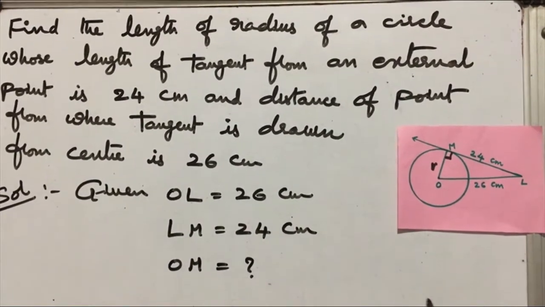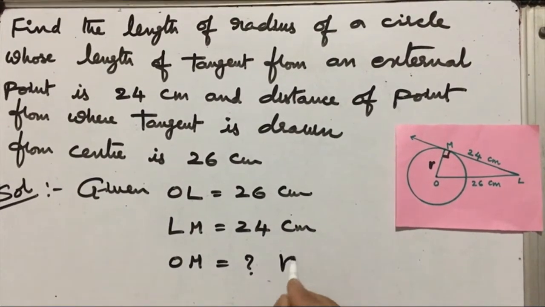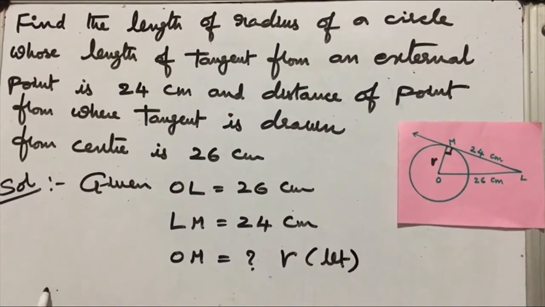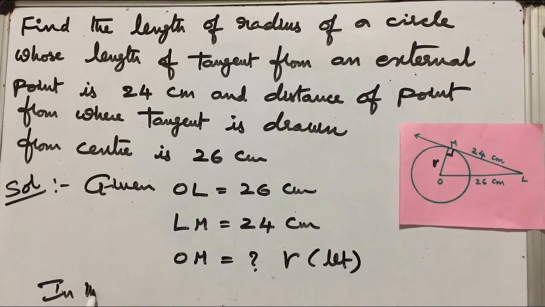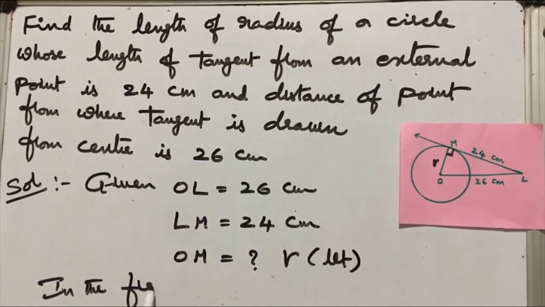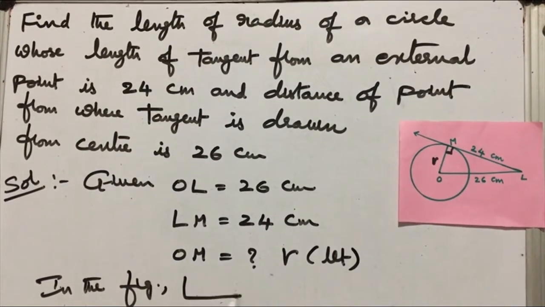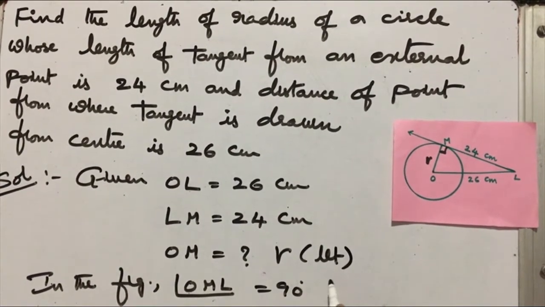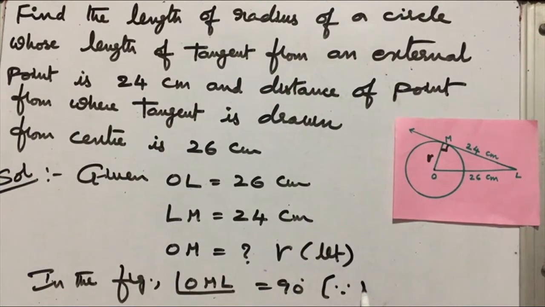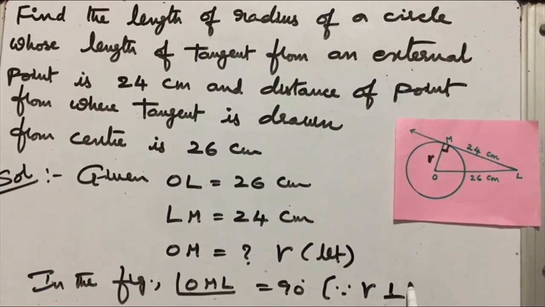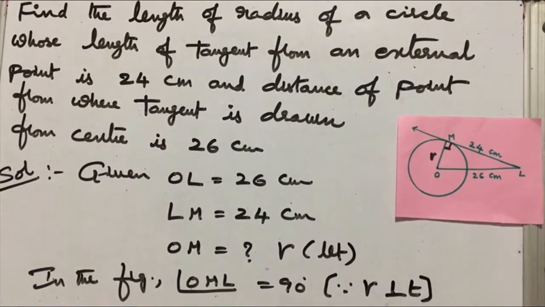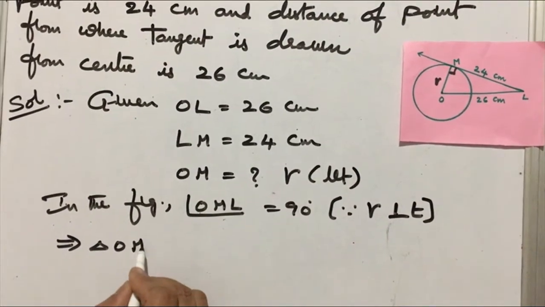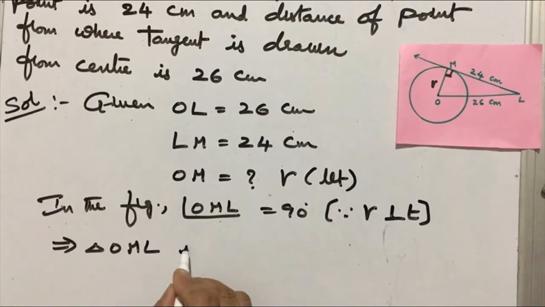Let it be the radius R. In the figure, angle OML is equal to 90 degrees. Write the reason in the bracket: since the radius is perpendicular to the tangent. So this triangle OML becomes a right angle triangle.